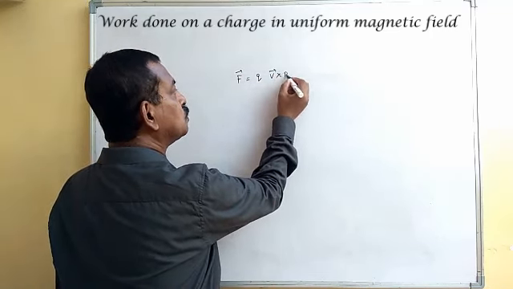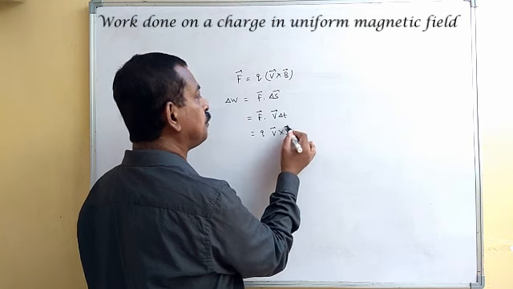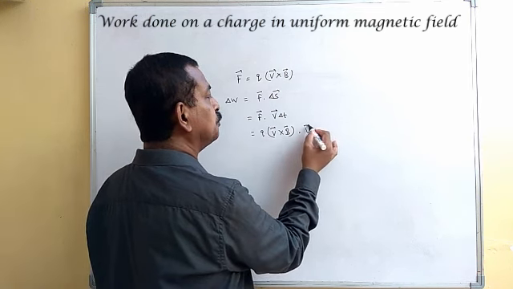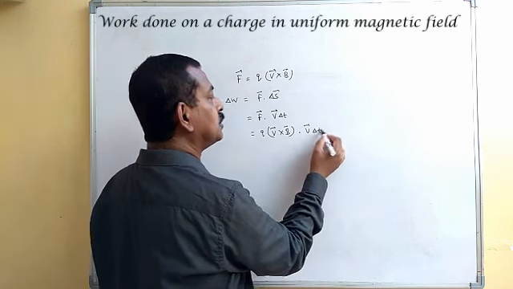Now displacement we can get if you take the velocity and multiply it by the small time interval in which that displacement takes place. So it is F dot V dt. This will be Q V cross B dot V delta t.